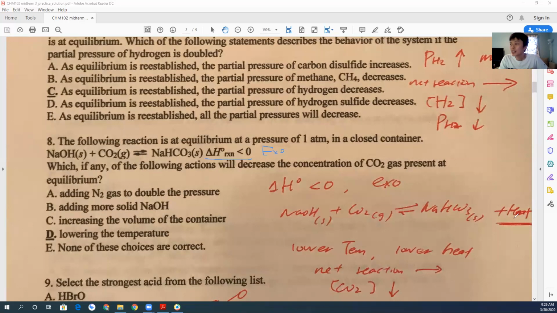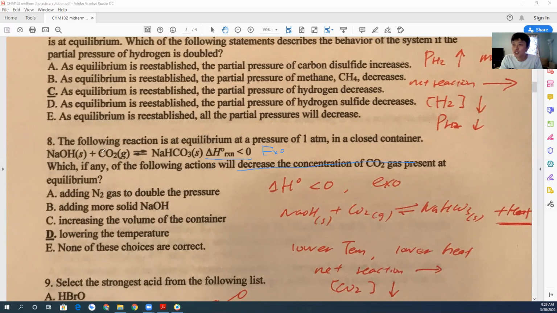We can treat the heat as a substance. So when the temperature increases, that means the concentration of the heat also increased. It works the other way too. So if the question asks which of the following will decrease the concentration of CO2, CO2 is the reactant.